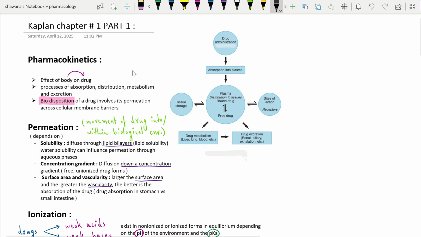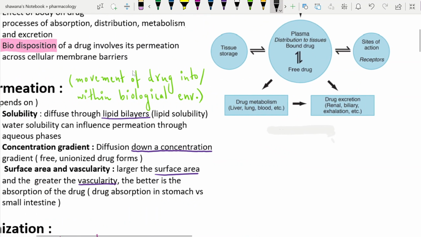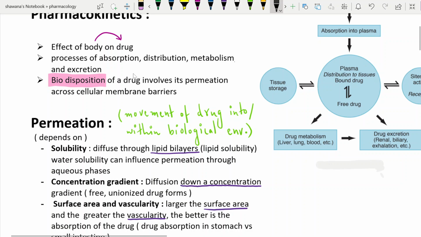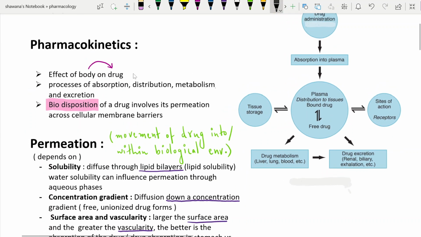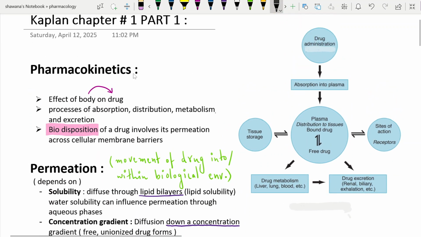The definition of pharmacokinetics is the effect of the body on the drug. In simple words, it means how the body reacts when the drug is administered to it. So let's focus on the diagram.